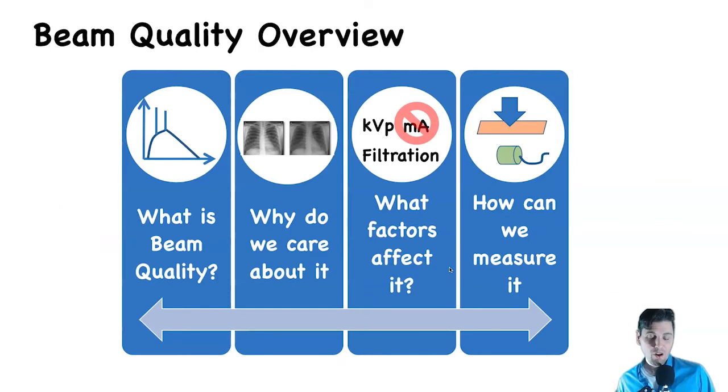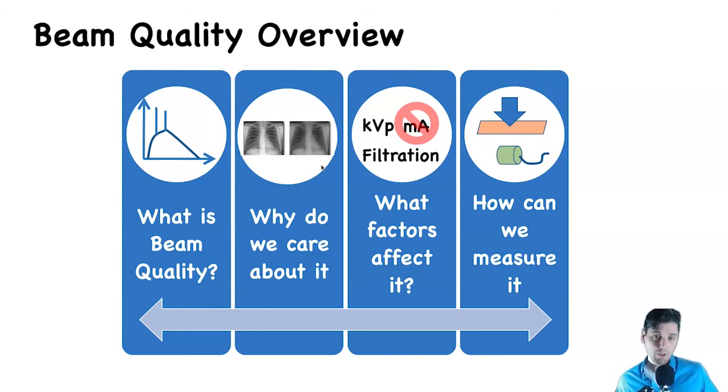So the overview. Again, we talked about what is beam quality, why do we care about it, what factors are affecting it, and how can we measure it. So this has been like a whirlwind tour of beam quality, and probably the most important thing here is really the why do we care about it section, because that affects the quality on the system, the ability to make images that have different contrasts or different amounts of penetration.